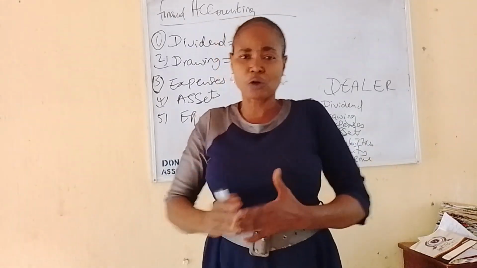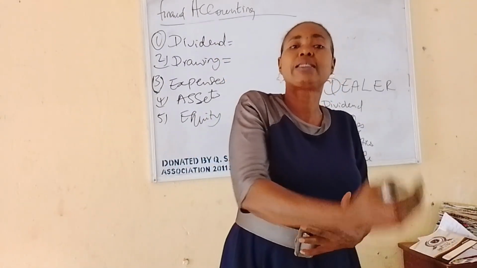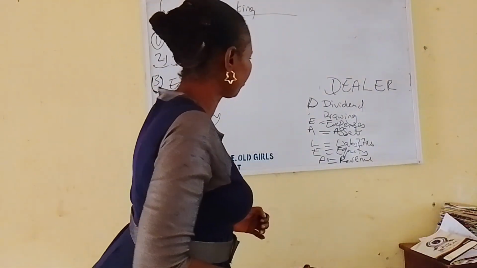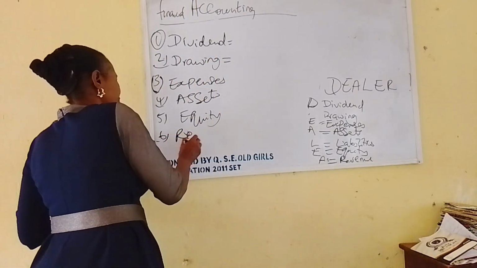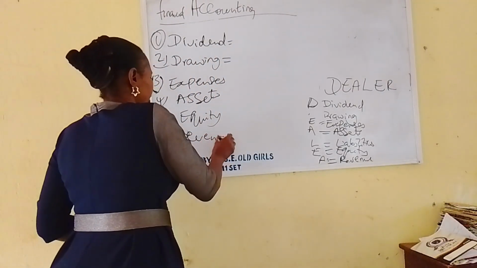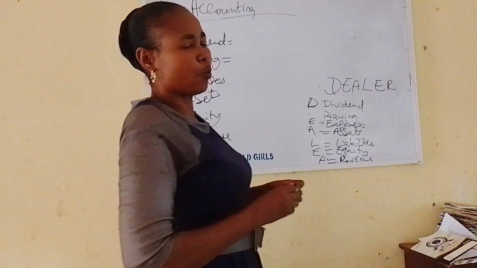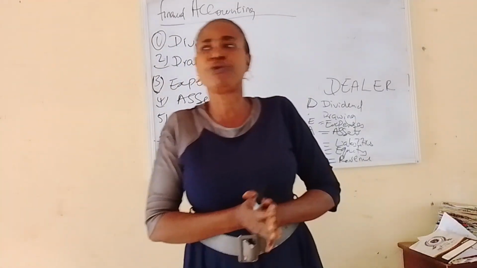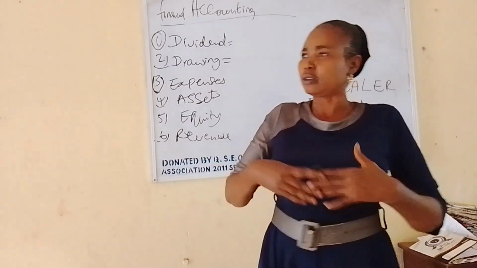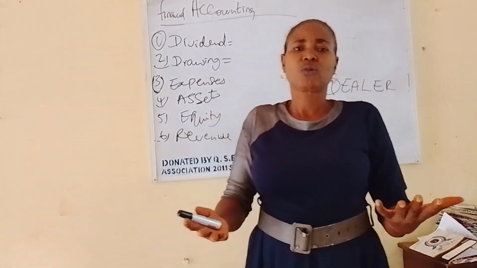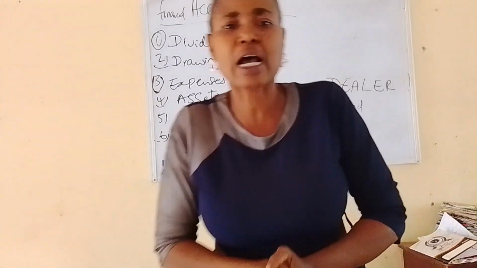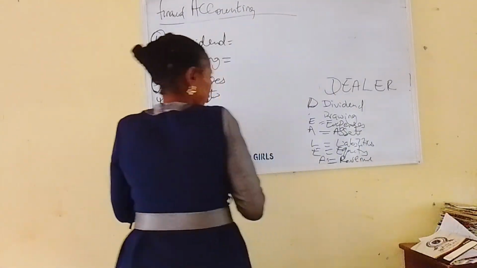It is capital plus the profit that the capital had generated. Then 6, revenue. What is revenue? The income that we receive into the business. It could be income, profit. These are known as revenue.